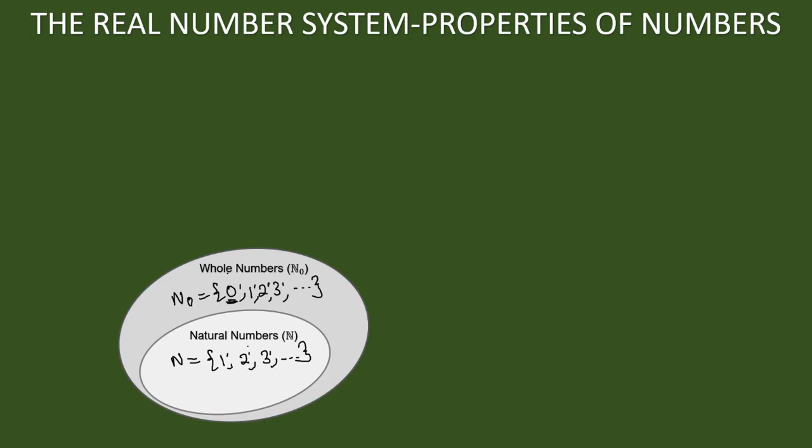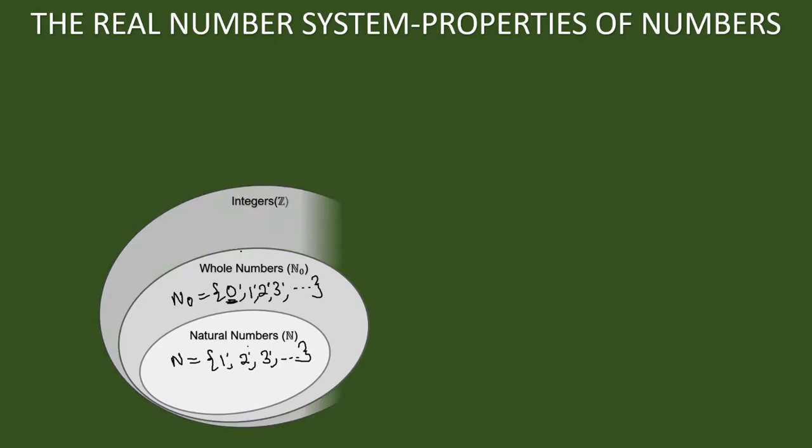From whole numbers, we have integers, meaning that natural numbers and whole numbers are integers. And then integers are composed of natural numbers with their additive inverses, including 0. So integers start from negative infinity, then we have negative 2, negative 1, 0, then 1, 2, it goes on like that to infinity.